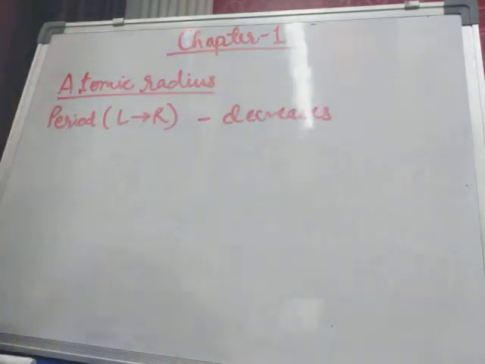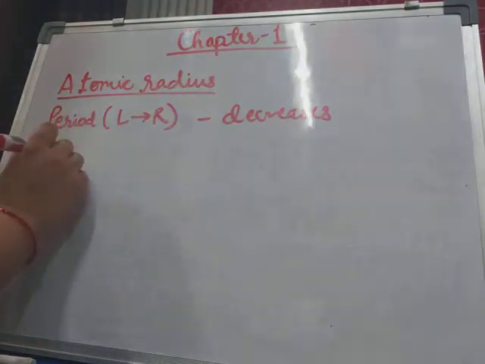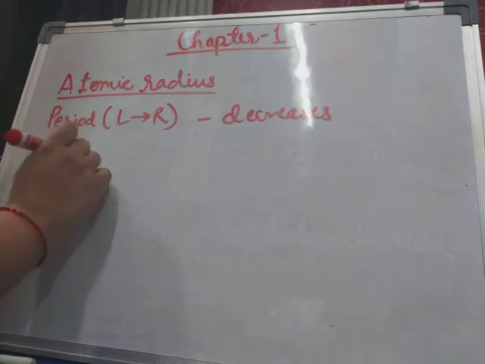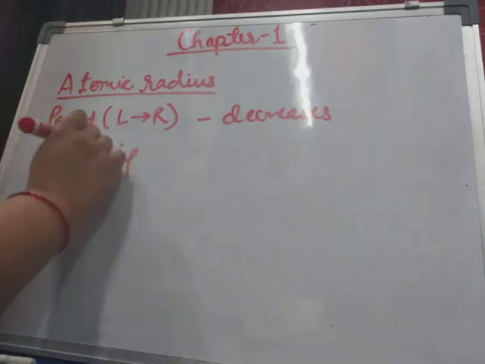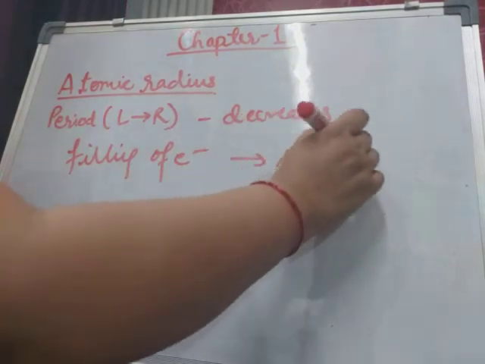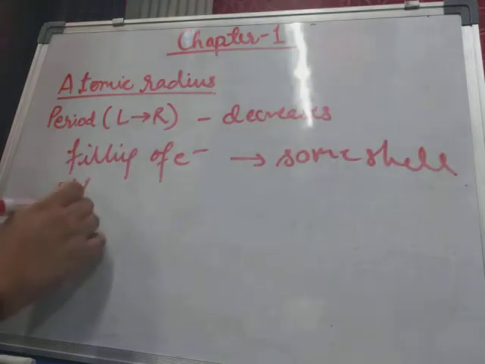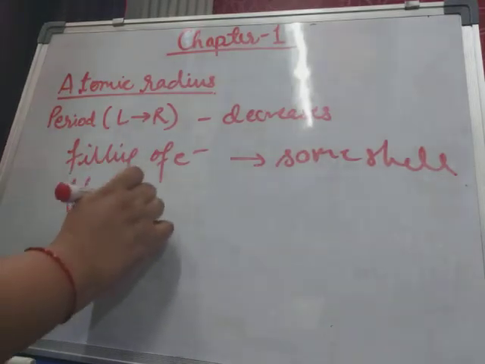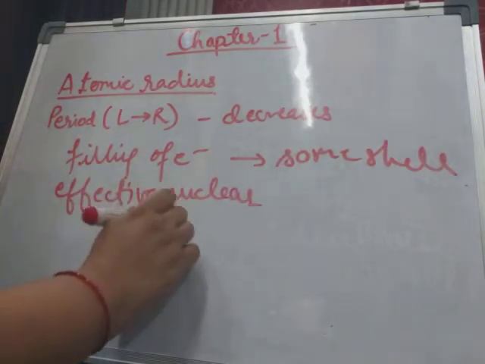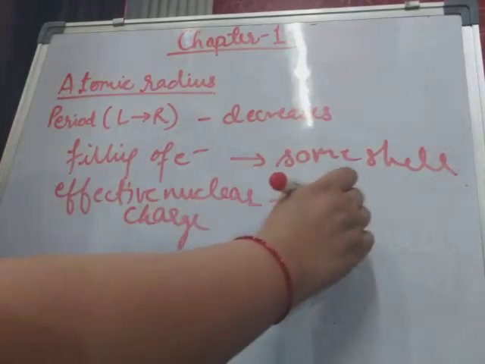Why does atomic radius decrease when we are moving from left to right? See, filling of electrons is taking place in the same shell, and effective nuclear charge keeps on increasing.